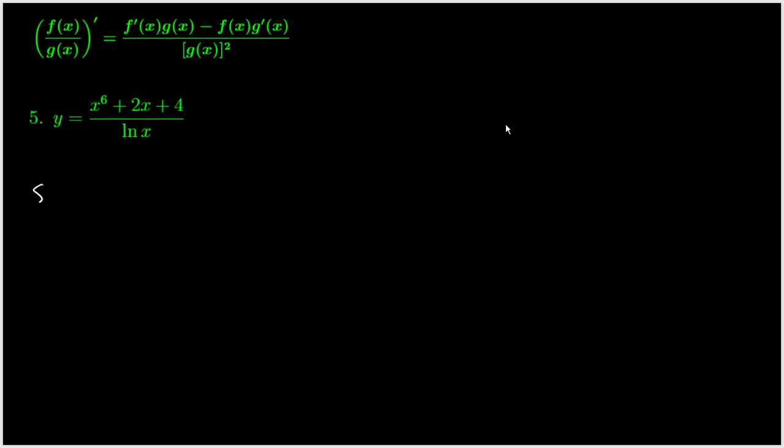Now for question 5, I will give you the solution. You can start from here. The derivative of y is equal to, copy the formula first. By copying the formula, I mean you treat g of x as natural log of x, and you treat f of x to be the whole numerator.